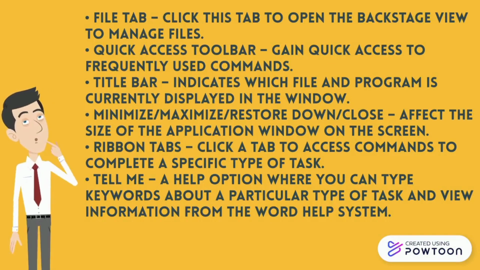Title bar indicates which file and program is currently displayed in the window. Minimize, maximize, restore down, close. Affect the size of the application window on the screen. Ribbon tabs. Click a tab to access commands to complete a specific type of task. Tell Me, a help option where you can type keywords about a particular type of task and view information from the Word help system.